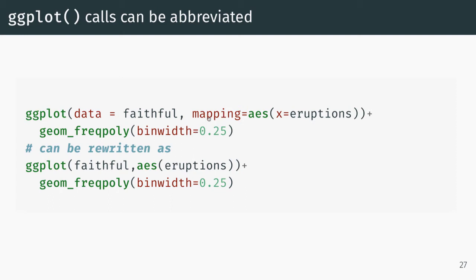If you omit mapping here, the aesthetics are assumed to be in the second position. If you omit x here, eruptions, x is assumed to be in the first position here. So you can abbreviate quite a bit, and you need to do fast, extensive data exploration.